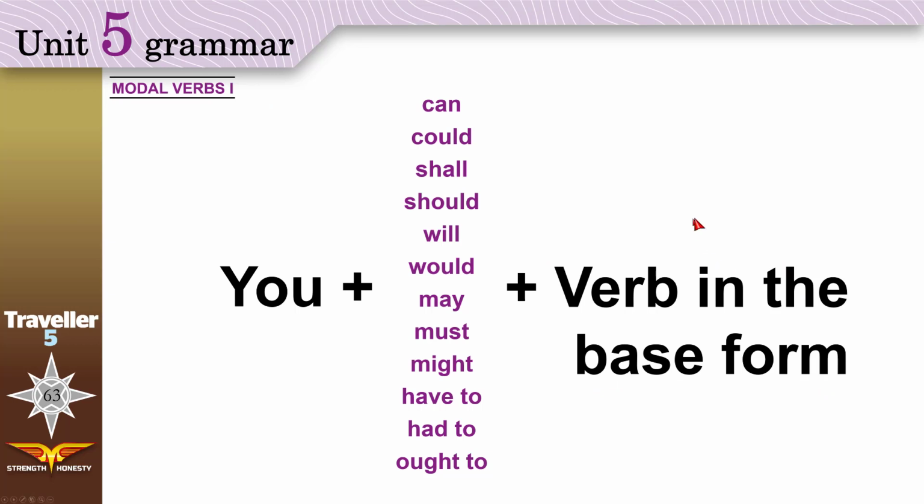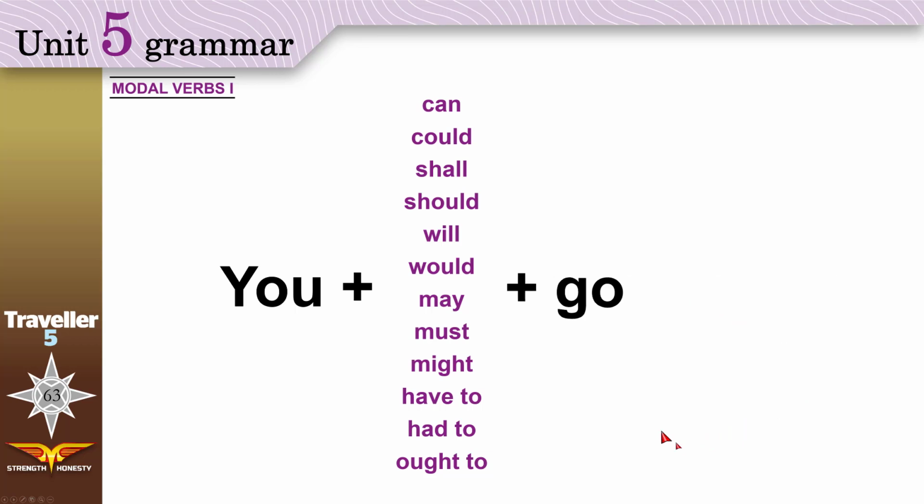You don't have to add ing, s, past participle or anything. Just use the verb in the base form. As an example, you say, you can go, you could go, you shall go, you would go, you may go.